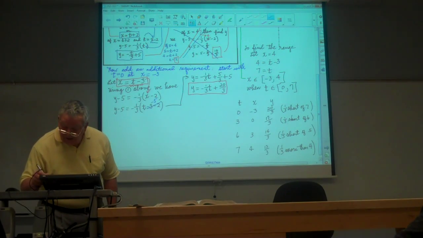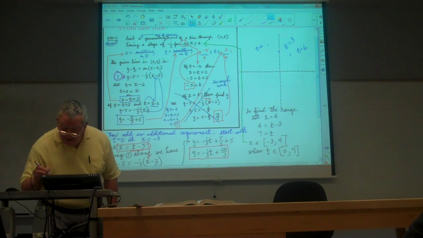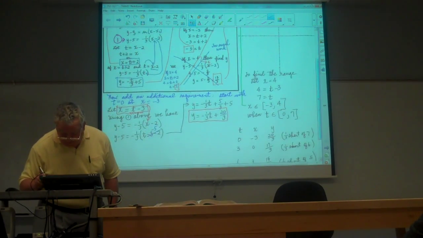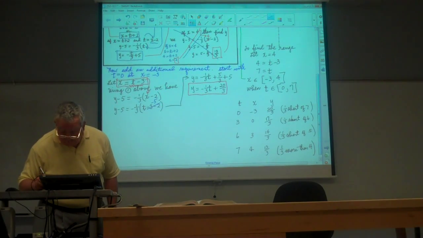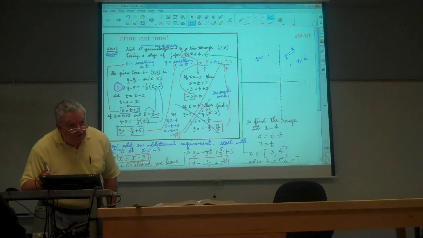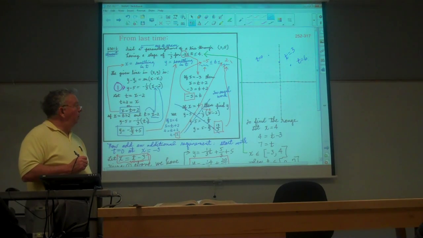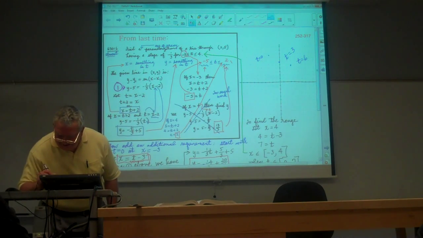Now t equals 7 is 4, 13/3. This is going to get a little dicey. 13/3 is 1 more than 4: 1, 2, 3, 4.